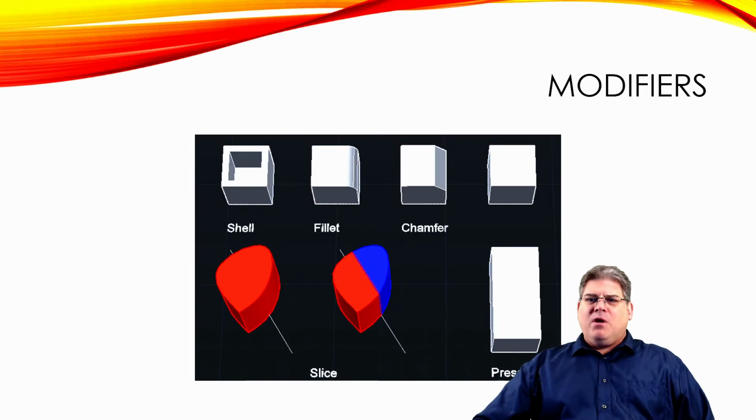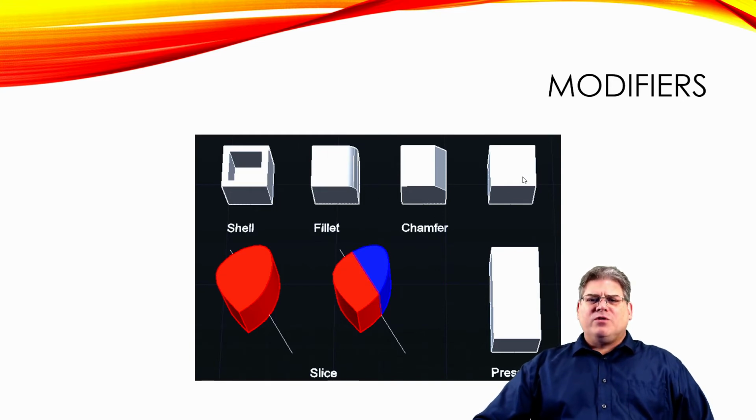There are other modifiers that we can use. For example, we can take our cube here and use the shell command to make a box. One of the things that you can do with this is you can actually remove one of the sides so that it becomes an open box. We can also add things like fillets and chamfers, and that's super useful.